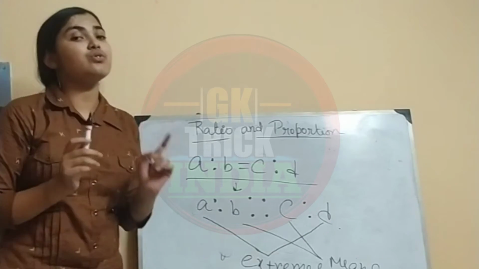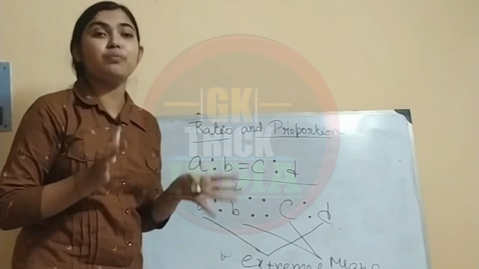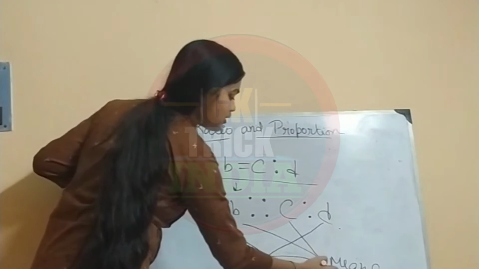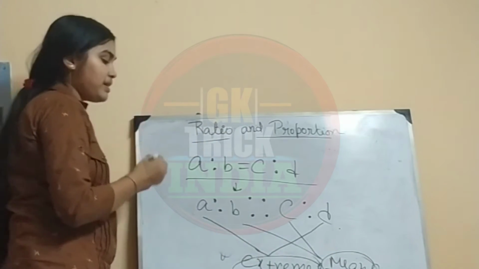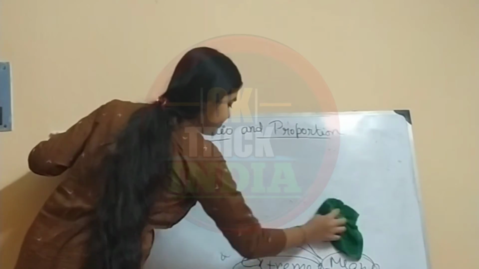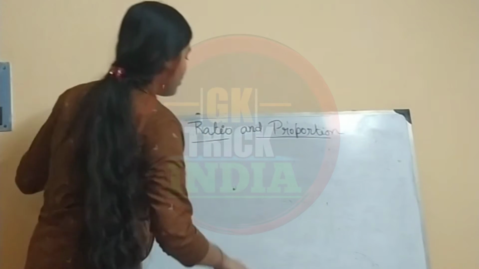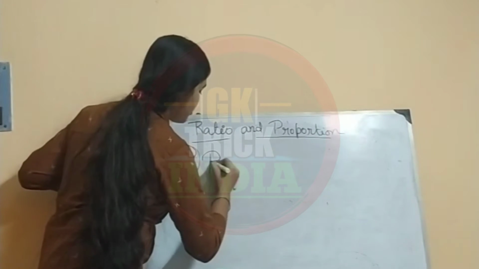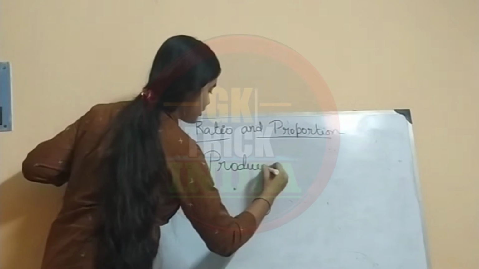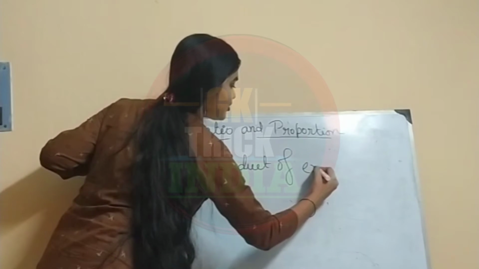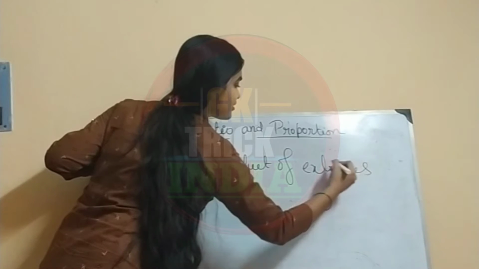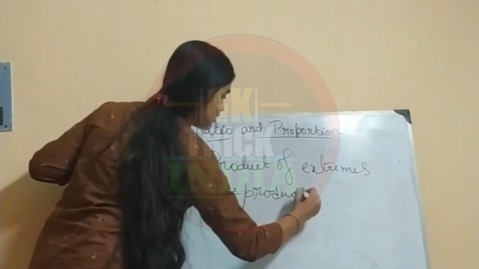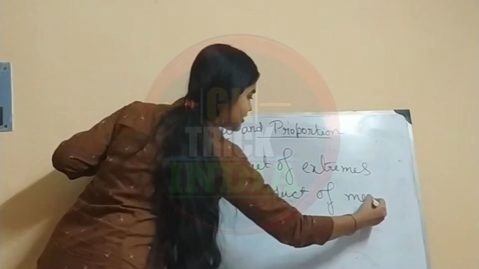Okay, the main rule for terms to be in proportion is that the product of the extremes must be equal to the product of the means. Let me write it so that you can remember. The main rule of proportion, note it down guys: product of extremes equals product of means.